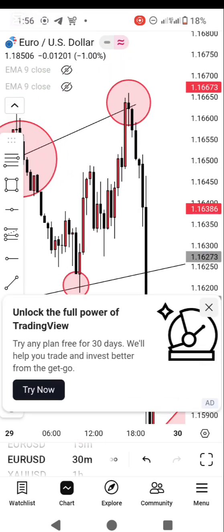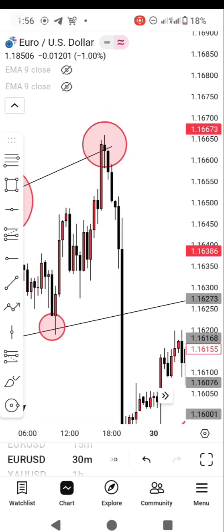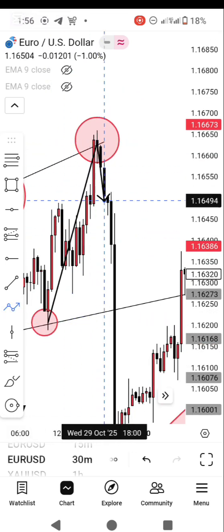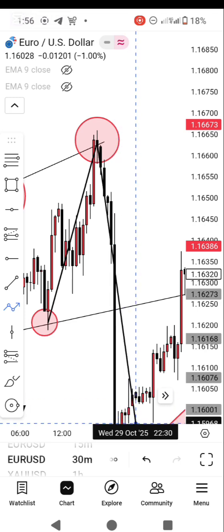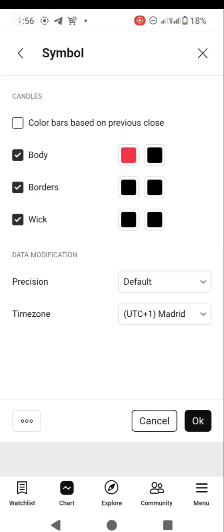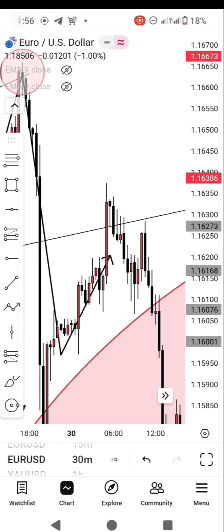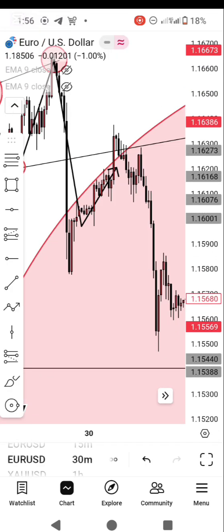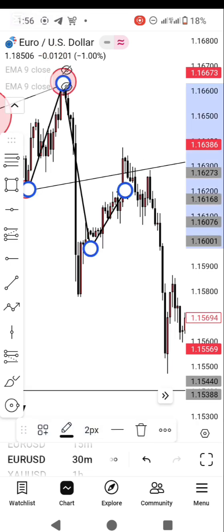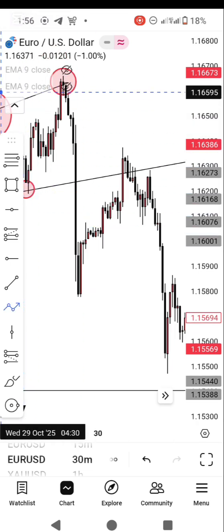Only that it had broken this first trend line, so it retested from there, sold, and still came, retested this one again. Sorry, let me delete this, and still what?